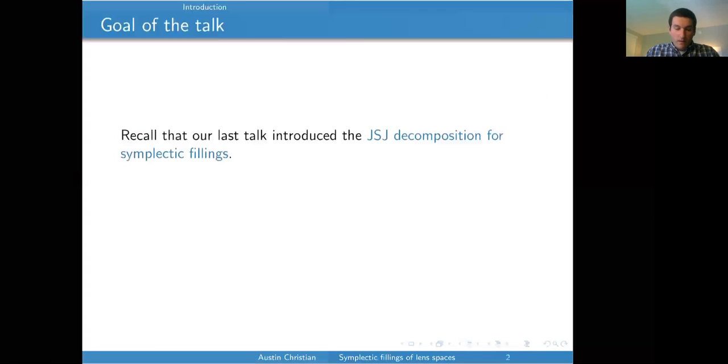Okay, so let's state our goal. Our last talk introduced this JSJ decomposition for symplectic fillings. More generally, we said that we can split a filling of a contact manifold open along a splitting surface of any genus. So the JSJ decomposition is the genus 1 version where we have a mixed torus.